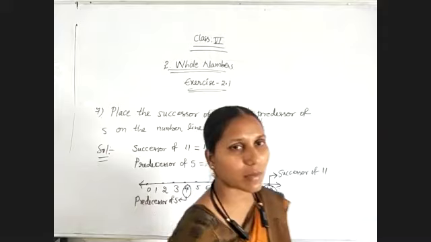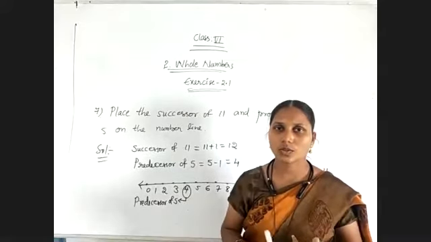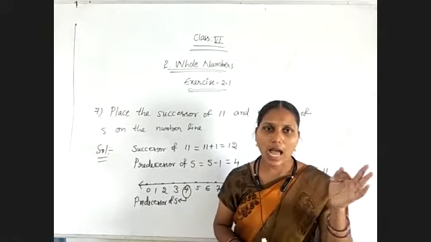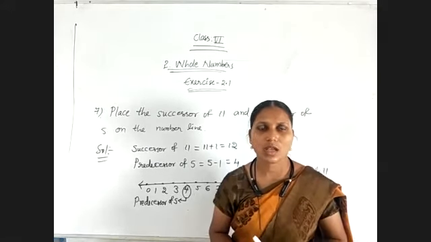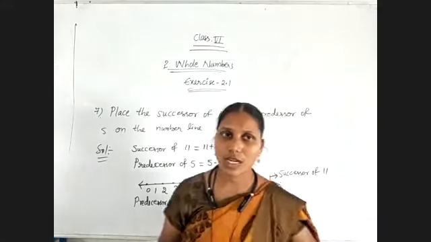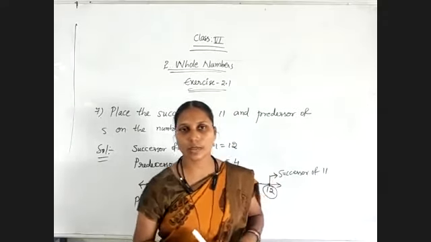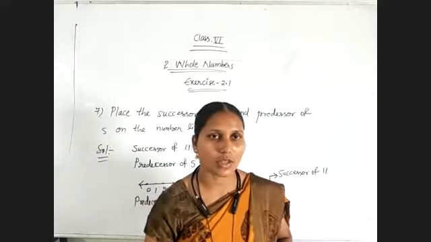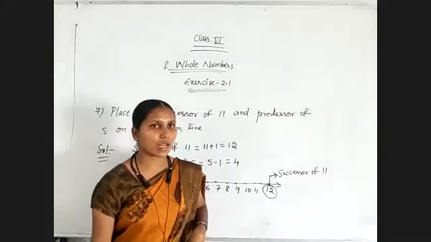Whole numbers are nothing but the numbers from 0 to n: 0, 1, 2, 3 and so on. All the numbers from 1 onwards are natural numbers. So every natural number is a whole number, but every whole number is not a natural number because 0 is not there in the natural numbers. That is the main thing in the definitions we have studied.